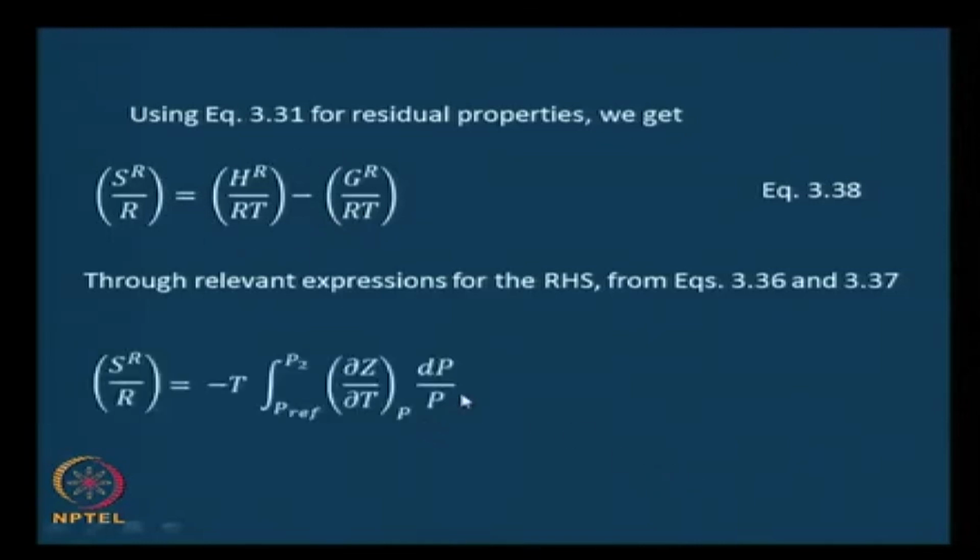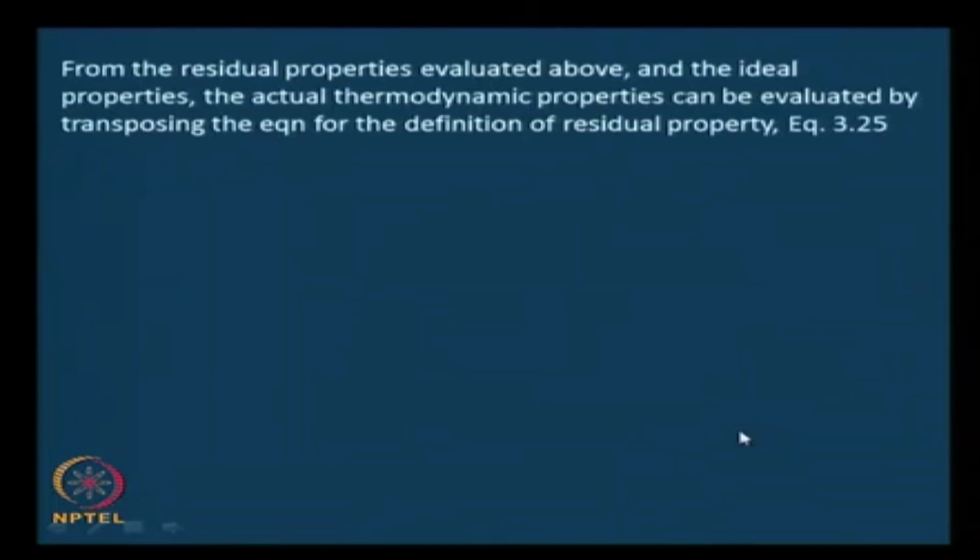And in terms of the easily measurable values, Sr by R was minus T integral of P reference to P2 dou T of Z at constant P into 1 by P dP minus integral of P reference to P2 Z minus 1 dP by P. And we said that this is quite obvious, once you have the residual value, the actual value is nothing but the residual value plus the ideal gas value.